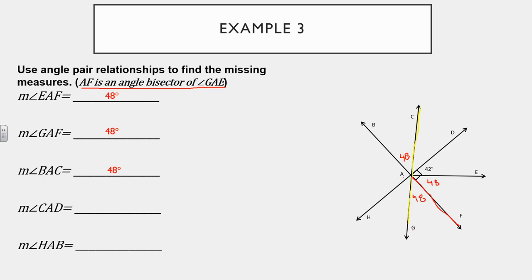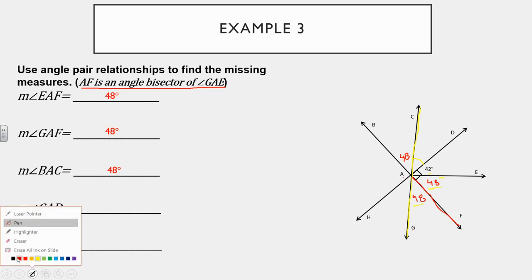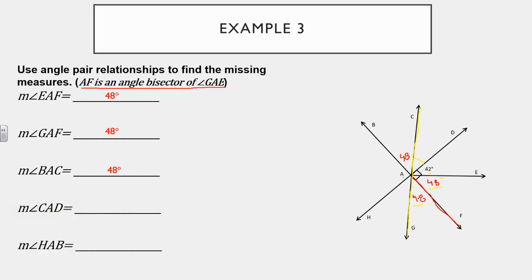We know that's 180 degrees. If I know that this is 48 and this is 48, and that's 48, and that's 42, I could find that missing angle by doing 180 minus 48, 48, and 42. I would end up getting that missing angle as 42 degrees, okay?